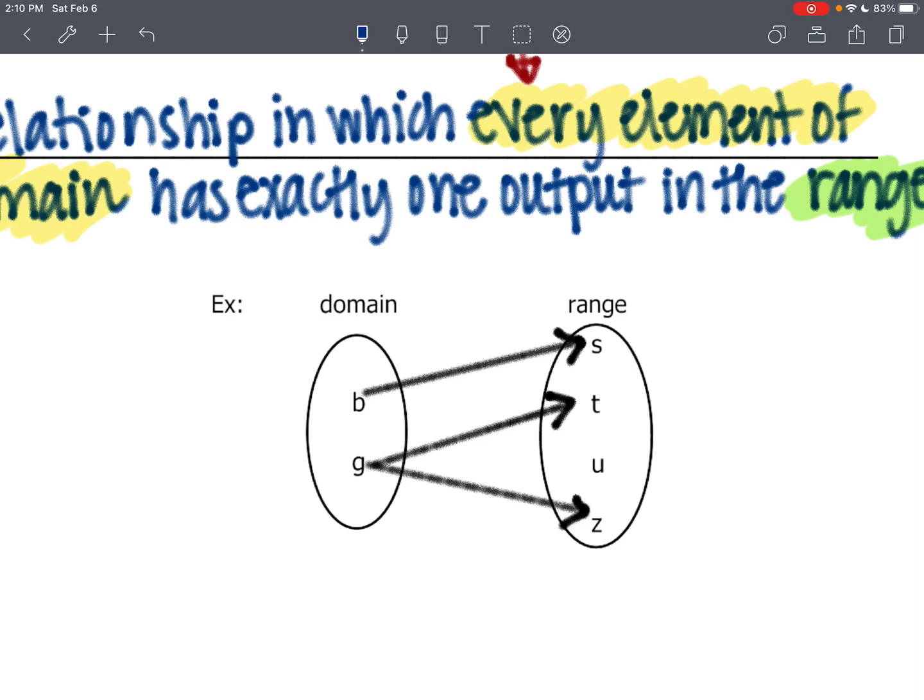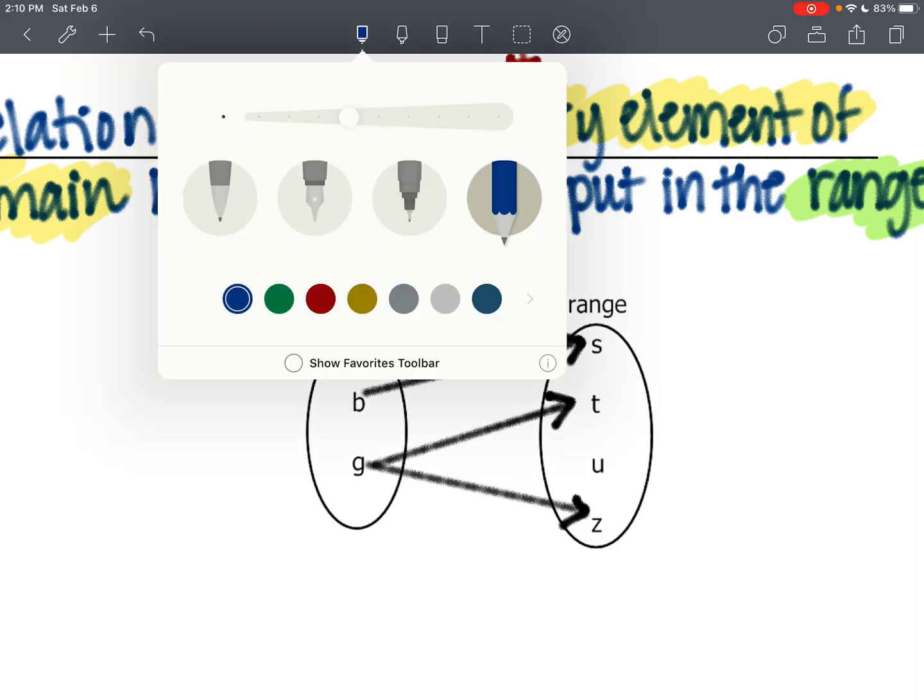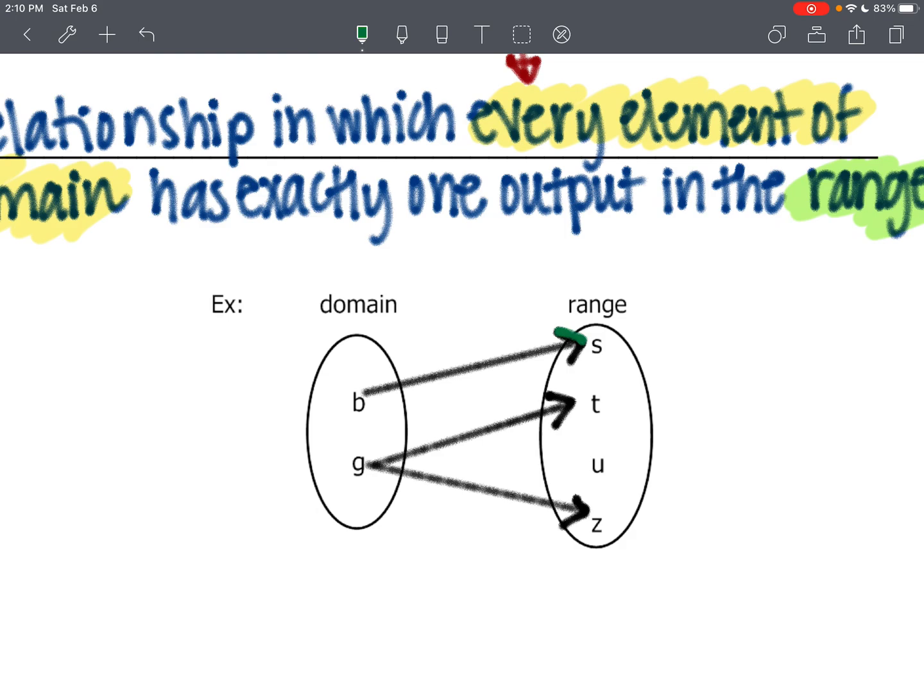So the arrowhead signifies the output. So the arrowhead is this part right here. So the input is B, the output is S. The input is G, and the output is, whoa, two different outputs. We have a T for the output, and we have a Z for the output.